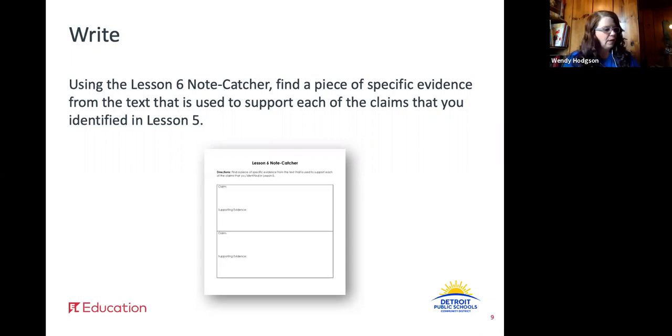So for example, on page 2, I found a claim that I liked a lot, and it was in the middle of the page, and it says, modern growers have come to depend on domesticated honeybees. And they go on to talk about the why. Why do growers, also known as farmers, why do they depend on these honeybees?